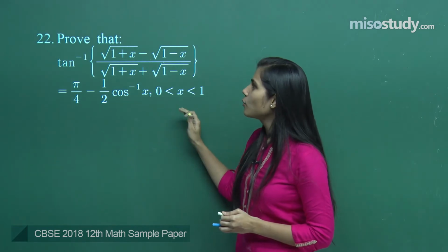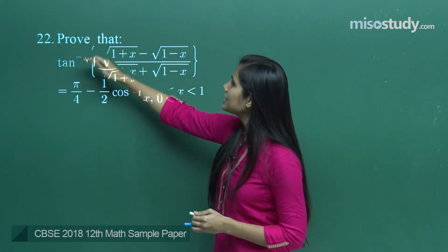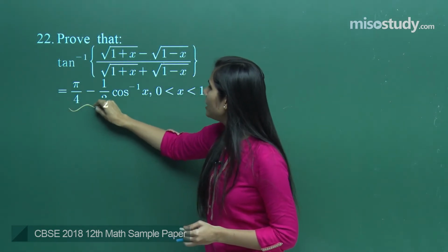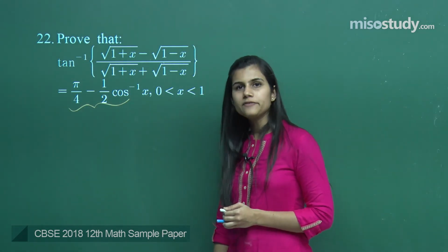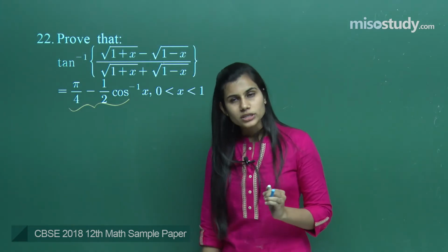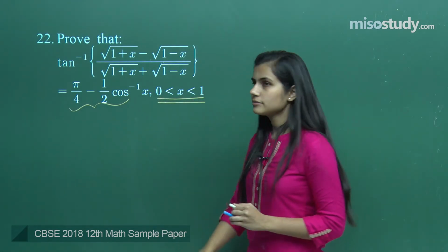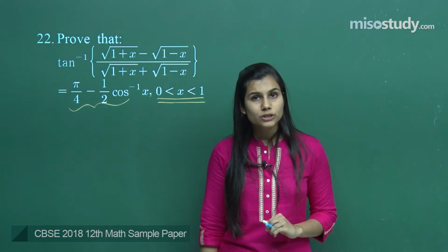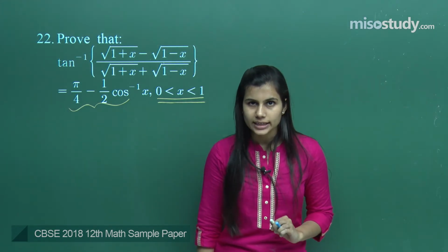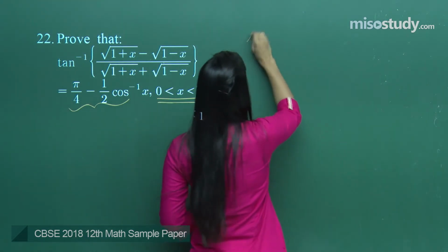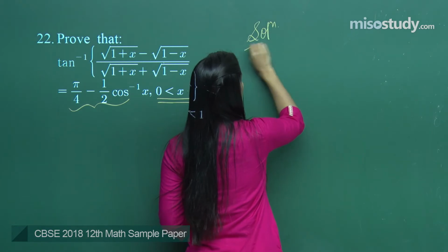Now over here the question is, prove that this tan inverse of this entire expression is equal to pi by 4 minus 1 by 2 cos inverse x. The important thing is this. X is lying between 0 and 1 strictly. Now if I copy the left hand side, because I have to prove that this left hand side is equal to the right hand side.